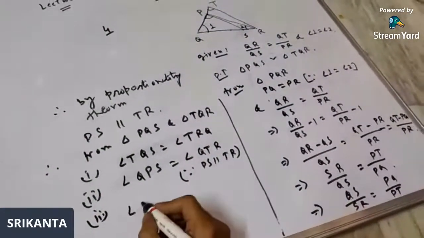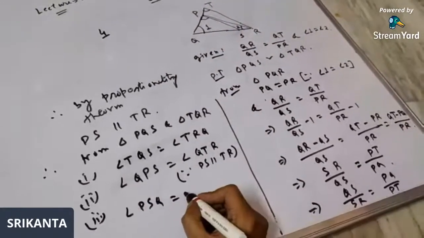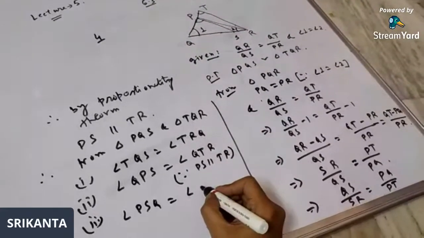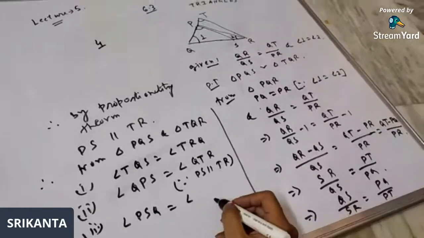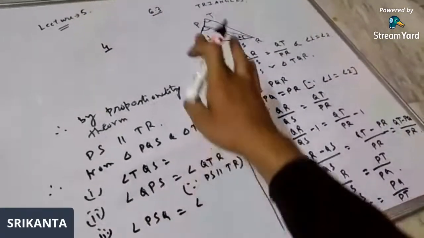So we have angle PSQ is equal to angle TRQ.